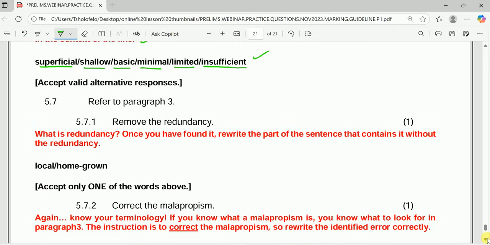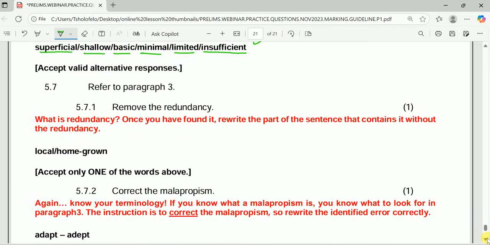Now refer to paragraph 3, remove the redundancy. Redundancy, as we have said in our first lesson on editing terminologies, is simply unnecessary duplication, unnecessary repetition.